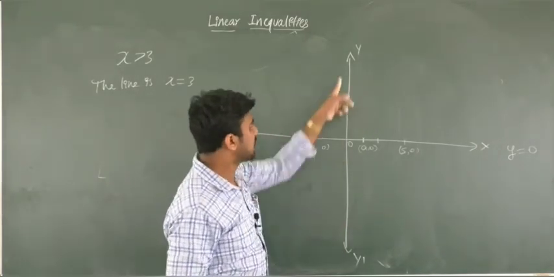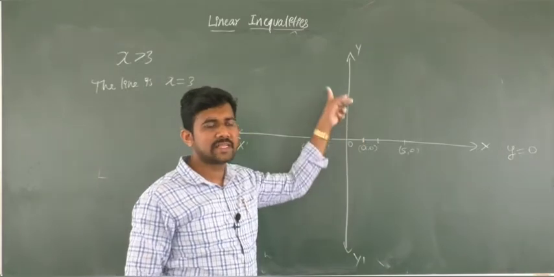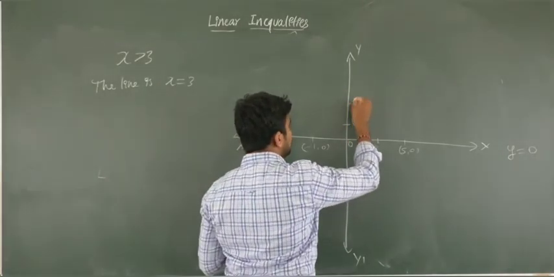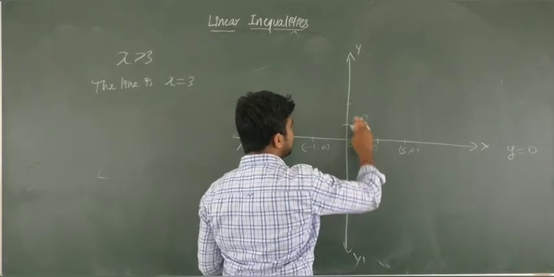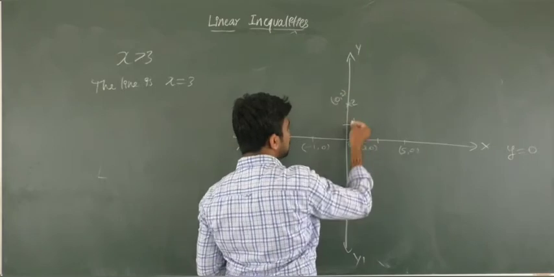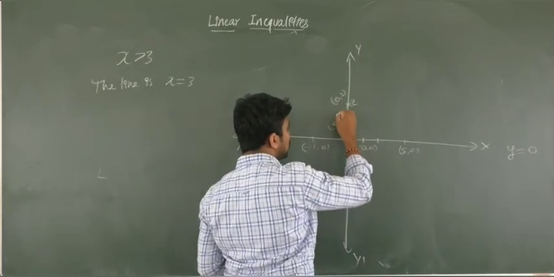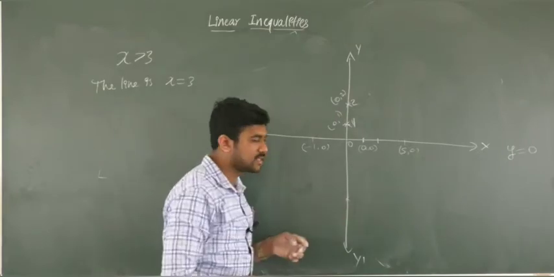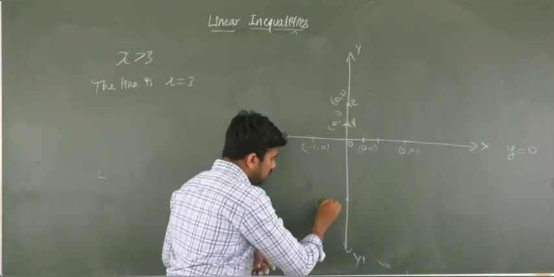Similarly, consider any point on the y-axis, like 0, 1 and 0, 2. The coordinates of this point are 0, 2. The coordinates of this point are 0, 1, right? On the negative y-axis, we will get 0, minus 5.